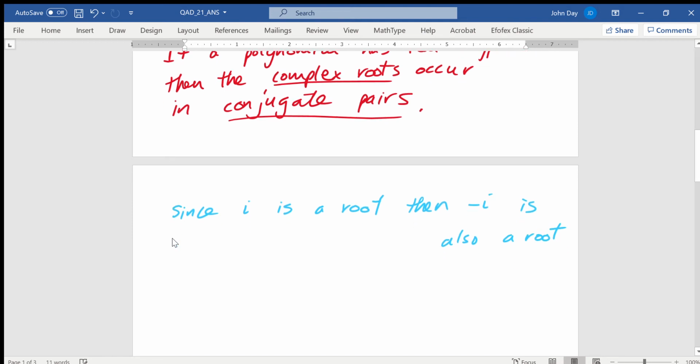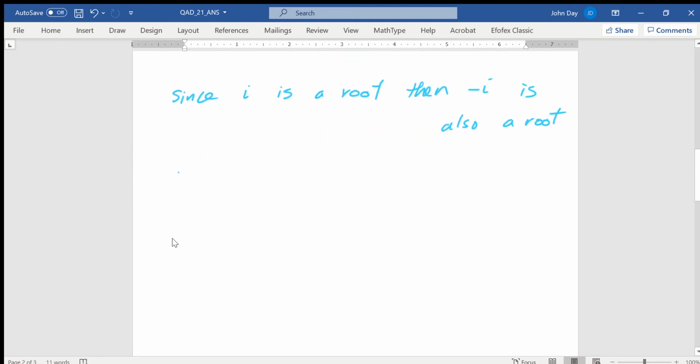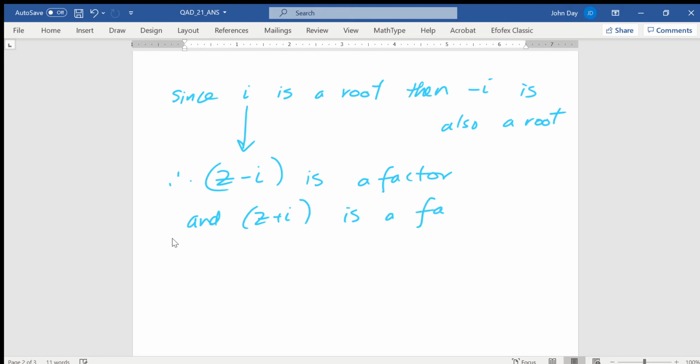Now we know, therefore, z minus i is a factor, because if i is a root, then z minus i is a factor, and z plus i is a factor. Therefore, z minus i times z plus i is a factor.